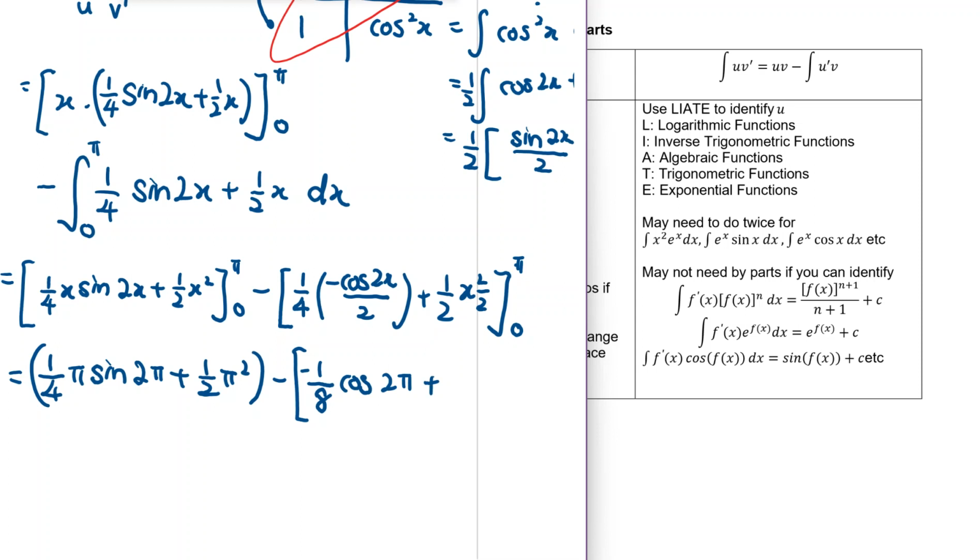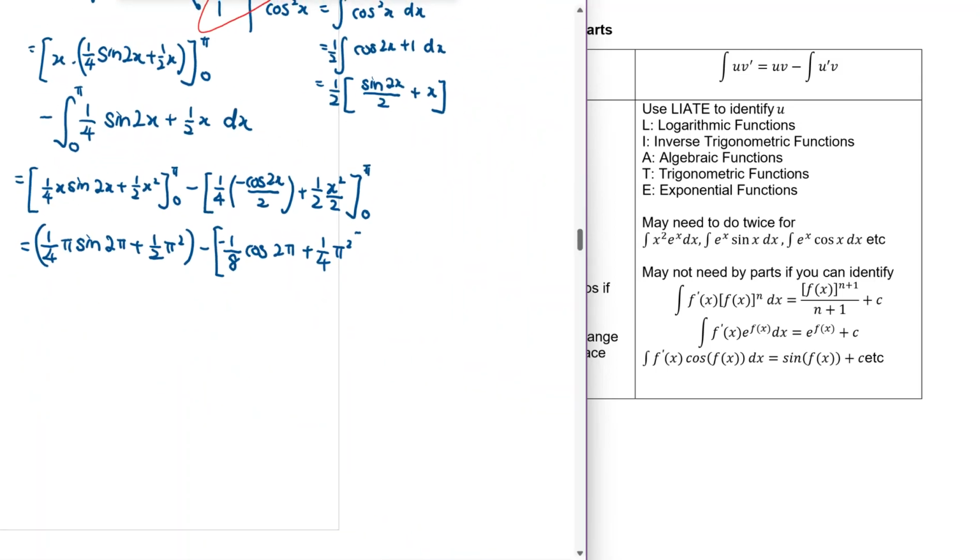Plus, oh, what's happening over here? This is x squared over 2. Okay, 1/4 pi squared, minus, okay, be very careful, minus, so if I put in 0, when I have a cosine 0, it's going to make a difference. 1/8 with a negative cosine, okay, not the most neat, but let's clean it up. Negative 1/8 cosine 0.